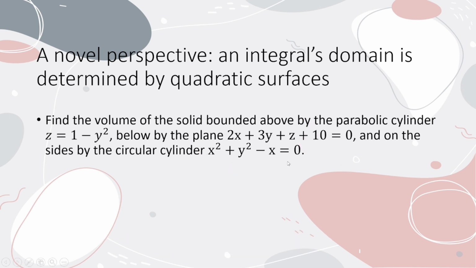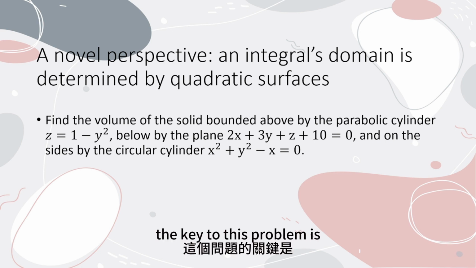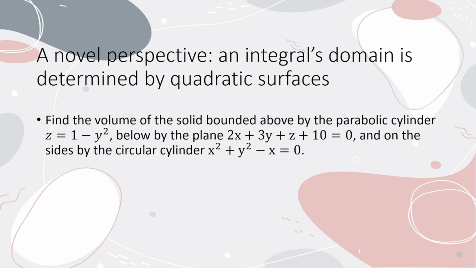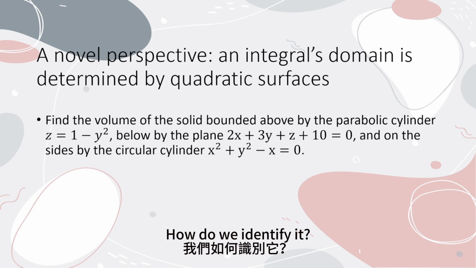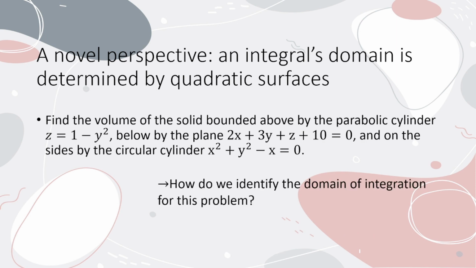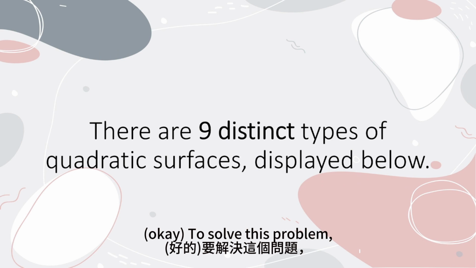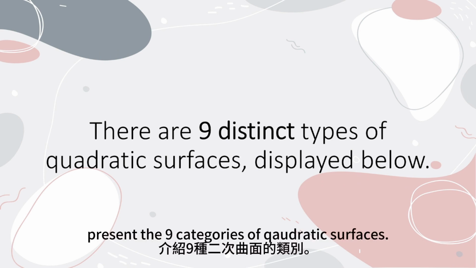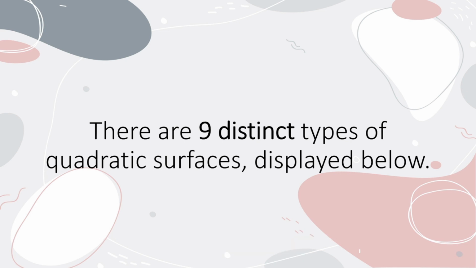You may notice that the key to this problem is finding the domain of the integration, right? Then, how do we identify it? To solve this problem, let me first present the 9 categories of quadratic surfaces.